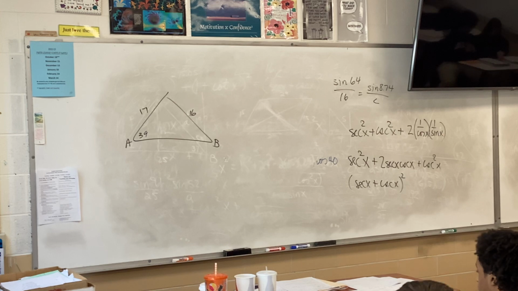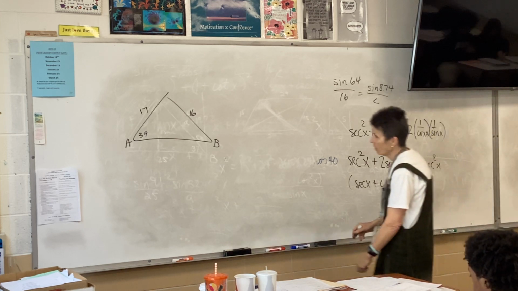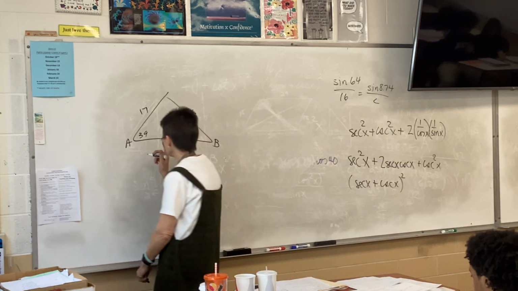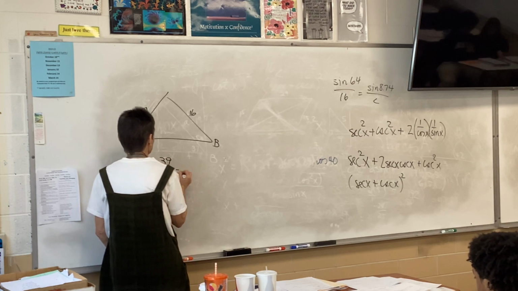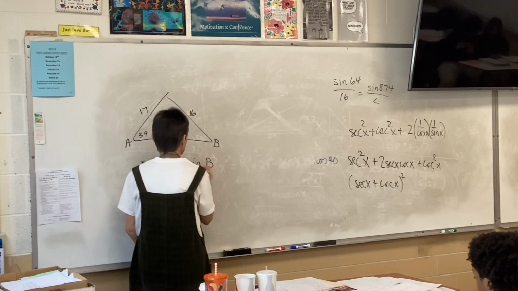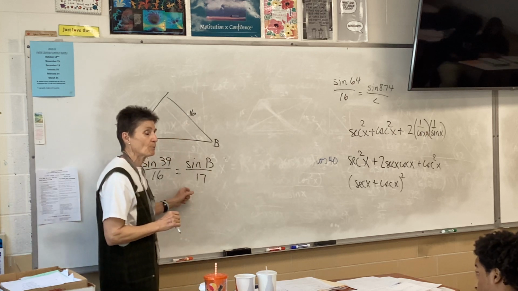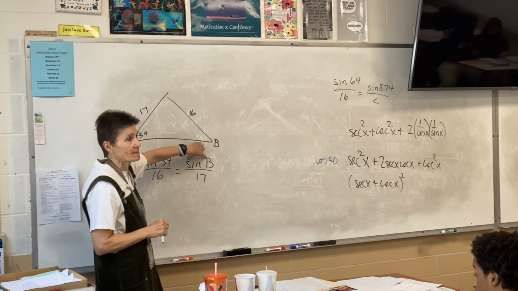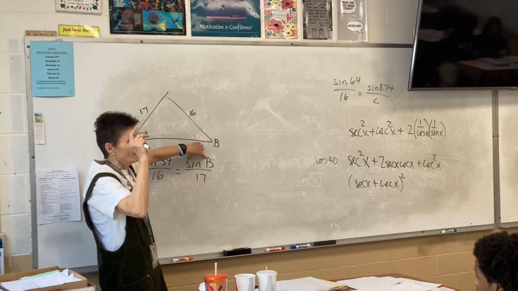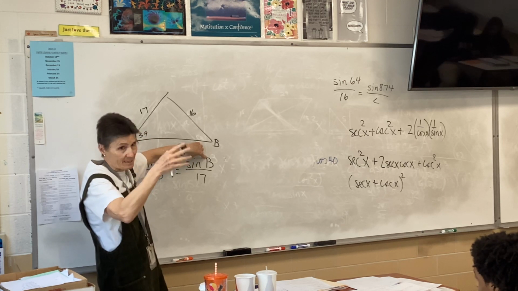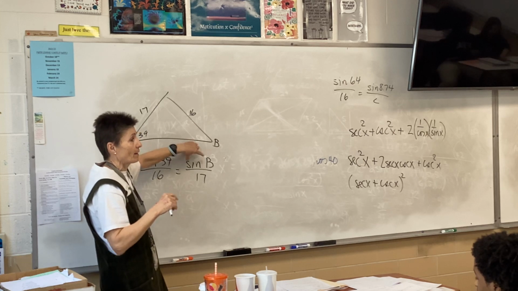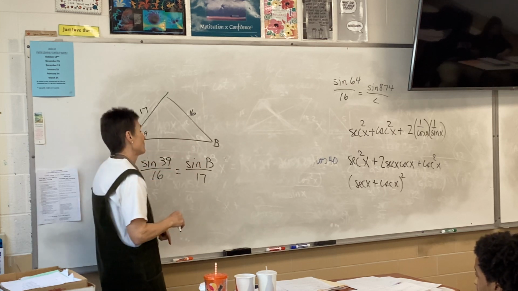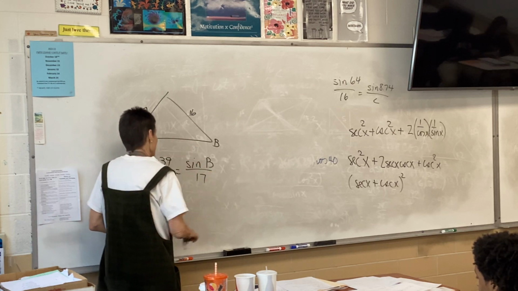So obviously we got a law of sines situation. So sine 39 over 16 equals sine d over 17. Now that's the first thing I wrote down. So the minute I write this, I'm on alert. So even if the problem didn't say how many triangles are possible, the minute I wrote this down, I would know potentially there's going to be another answer.